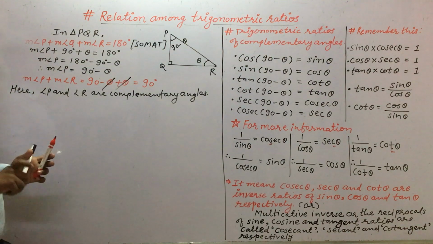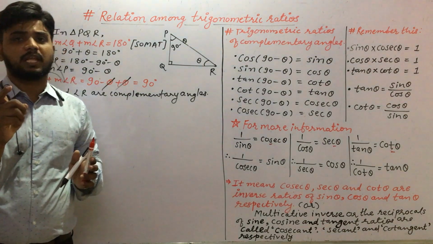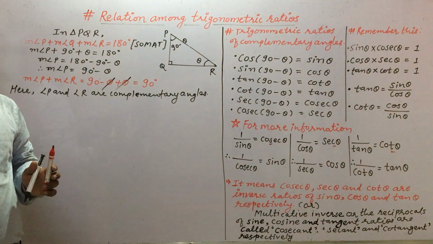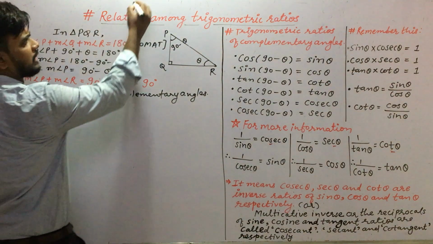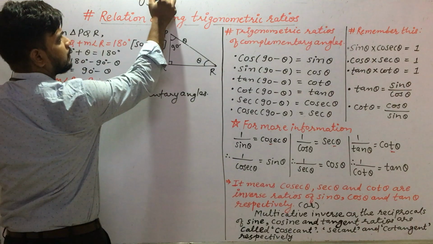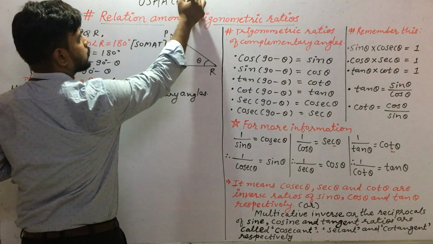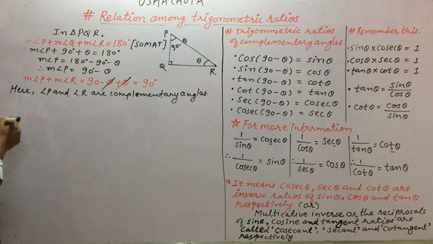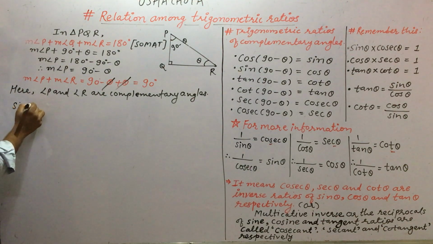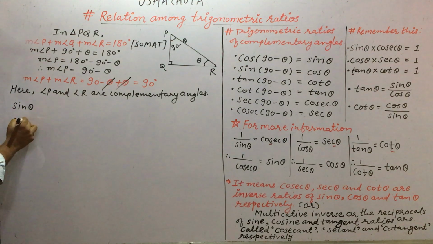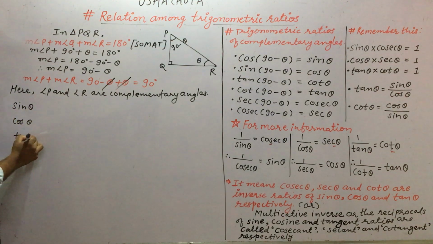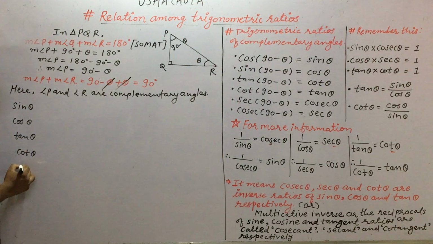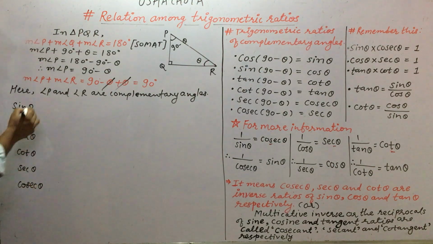Right. Now let's find all the trigonometric ratios for angle theta as well as angle 90 minus theta. For finding that, I have given you one name to remember. What was that? Yes, Osa Chota. So I will write here Osa Chota. Right? So let's find sin theta, cos theta, tan theta, cot theta, sec theta and cosec theta.